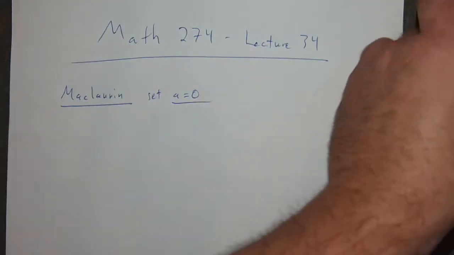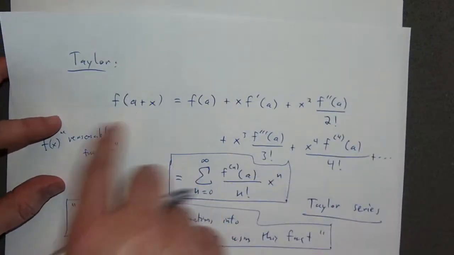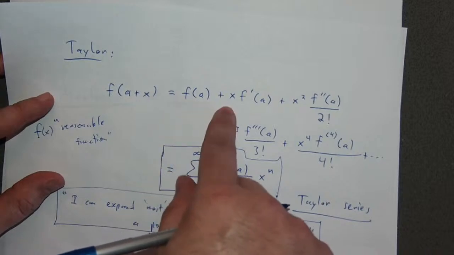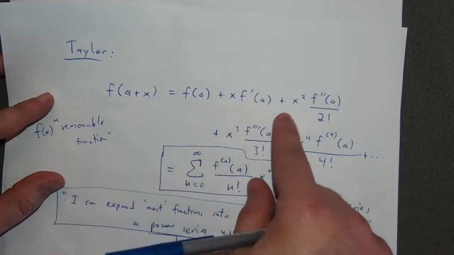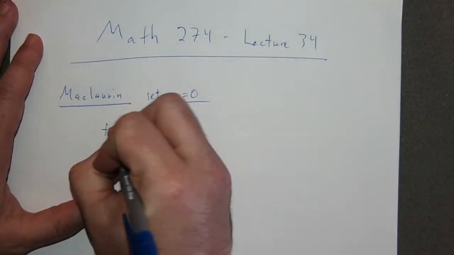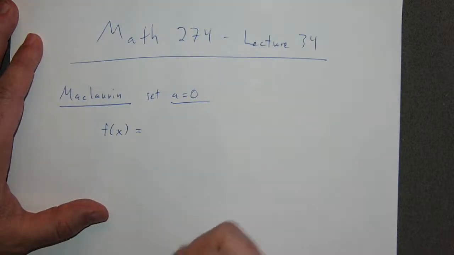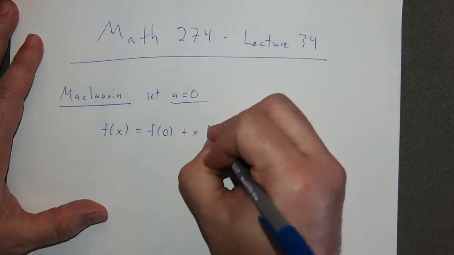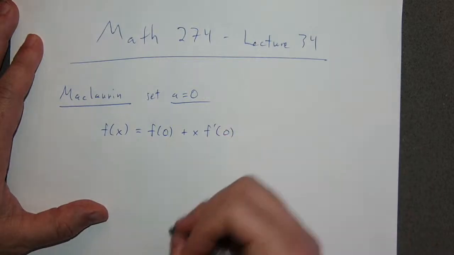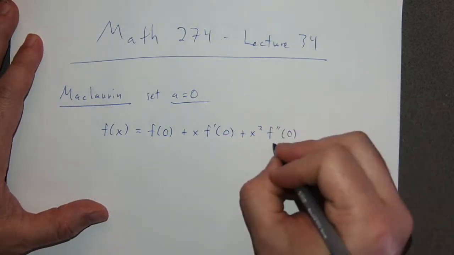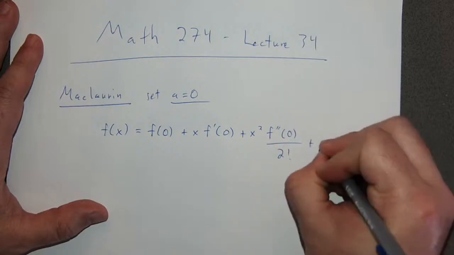And so if we set a equal to 0 here, I have f of x is equal to f of 0 plus x times f prime of 0 plus x squared times f double prime of 0 over 2 factorial, and so on.